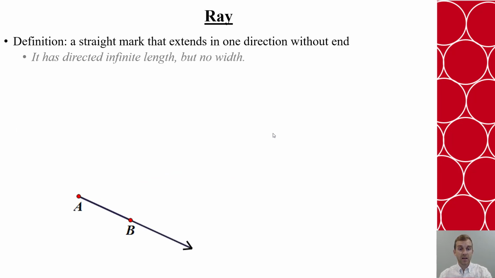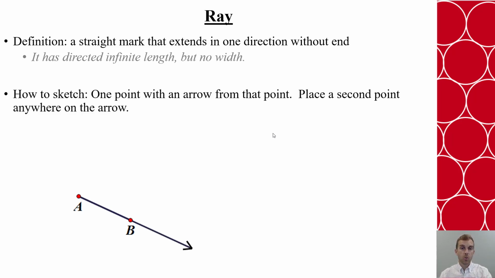However, with a ray, direction does matter because we're extending in one direction without end. So there is an infinite length to a ray, but it is in a specific direction. So when we draw it, we start with our endpoint and then draw an arrow and put points on that arrow to help represent that it's a ray in a specific direction.